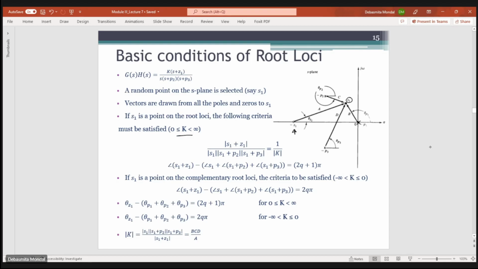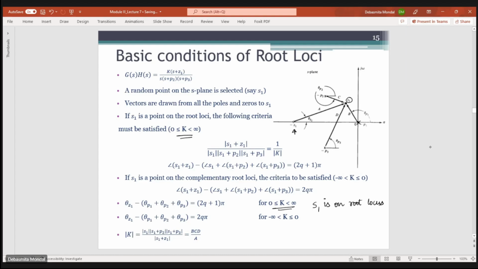So for this value of k, when k is ranging from 0 to infinity, this condition means theta Z1 minus, for this one we have seen, theta P1 plus theta P2 plus theta P3. If this is equal to (2q plus 1) times pi for positive values of k, then we say that S1 is on the root locus.